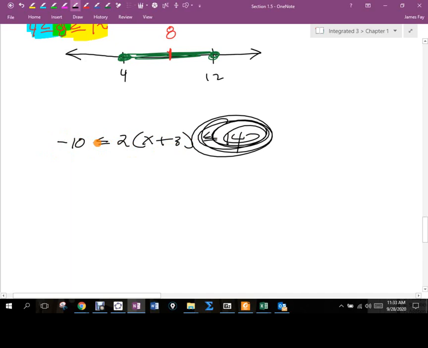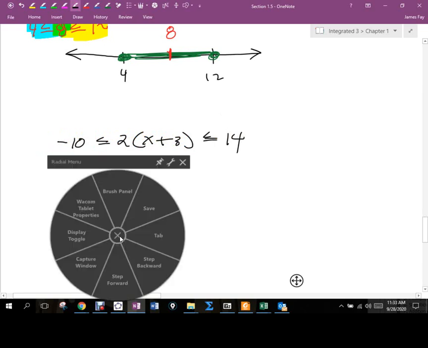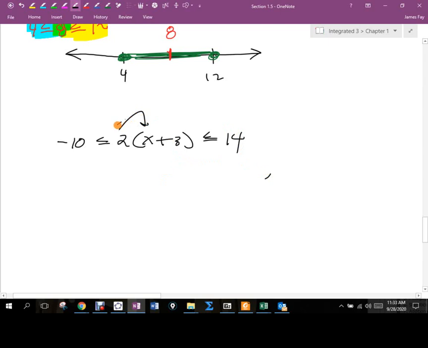How would you solve? Distribute? Okay. So it's the same thing when it's like this. You're still going to distribute that 2, so 2x and 6. So we've got negative 10 less than or equal to 2x plus 6, less than or equal to 14.